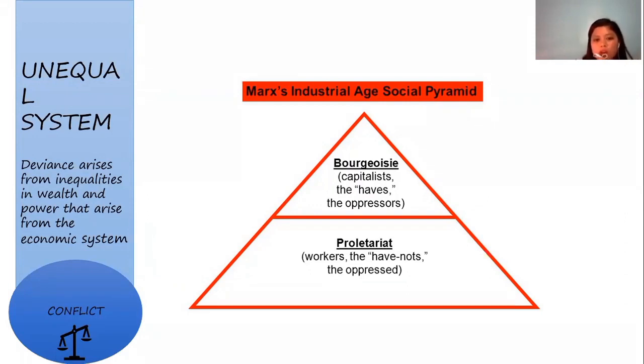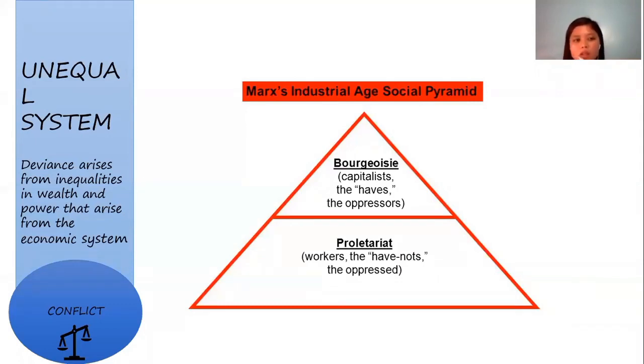The bourgeois are the capitalists, or they are the ones who hold power and wealth. They are the ones who own the means of production, while the proletariat are the workers who solely depend on the bourgeois for their survival. So here, deviance arises from inequalities in wealth and power that arise from the economic system.